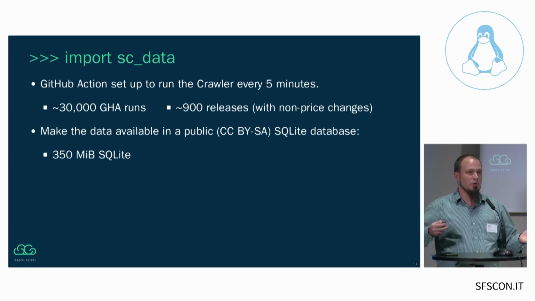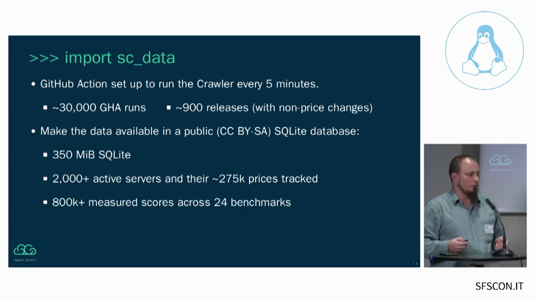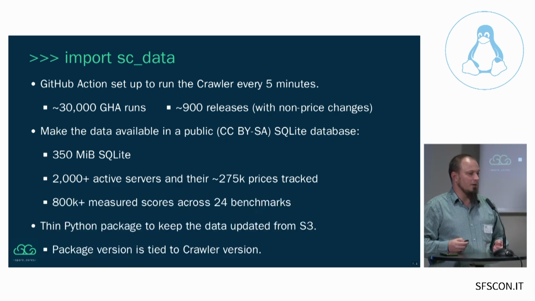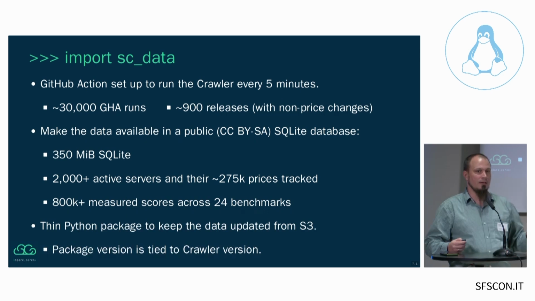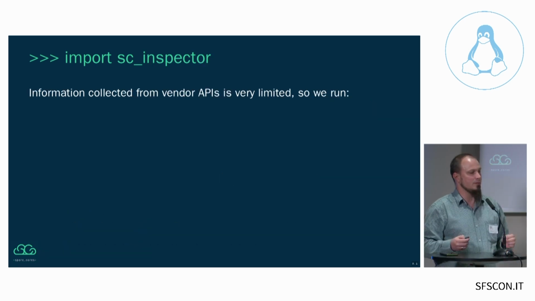This database, which only includes metadata on the servers, is growing pretty heavily. It's over a 300 megabyte SQLite file, tracking all the prices I mentioned previously. If you want to integrate this, you just import SC, which stands for SpareCores data, and the database would be automatically updated in a background thread every 5 or 10 minutes, however you configure this.